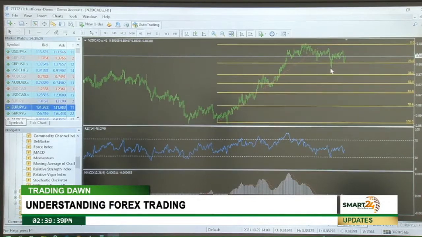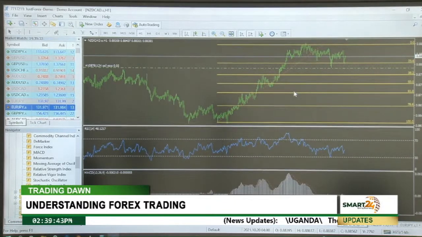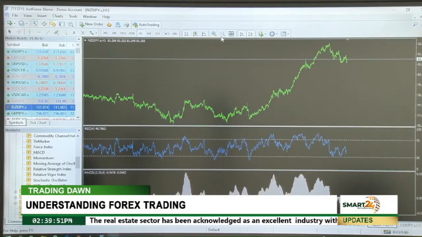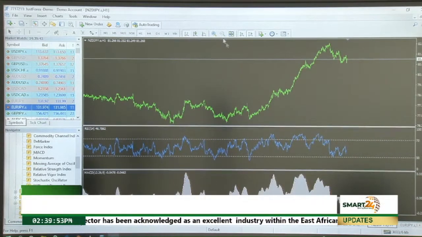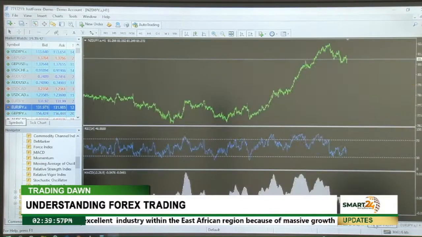So I'll put another pending order there. If these ones are triggered today, tomorrow we shall see how far they will have moved. This one looks good. This is the New Zealand dollar versus the Japanese yen. Okay, the previous one was New Zealand Canada, and this is New Zealand Japan.